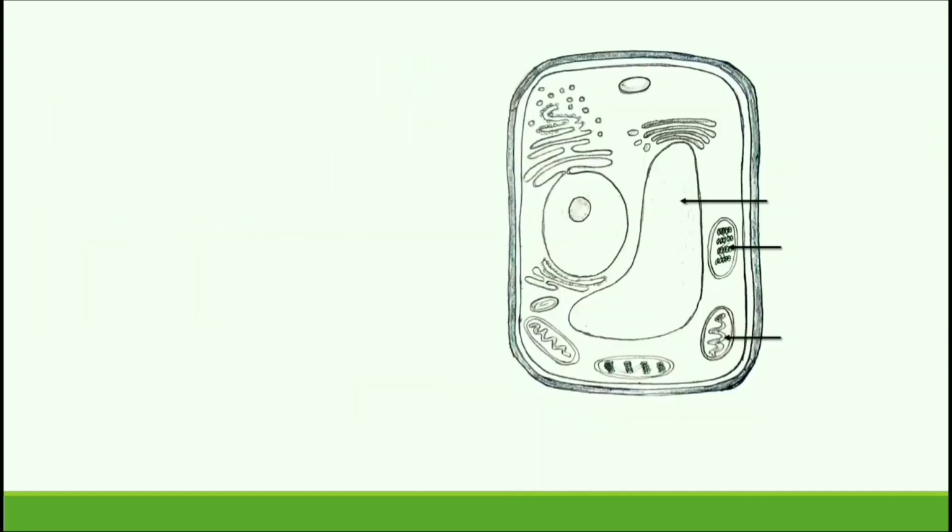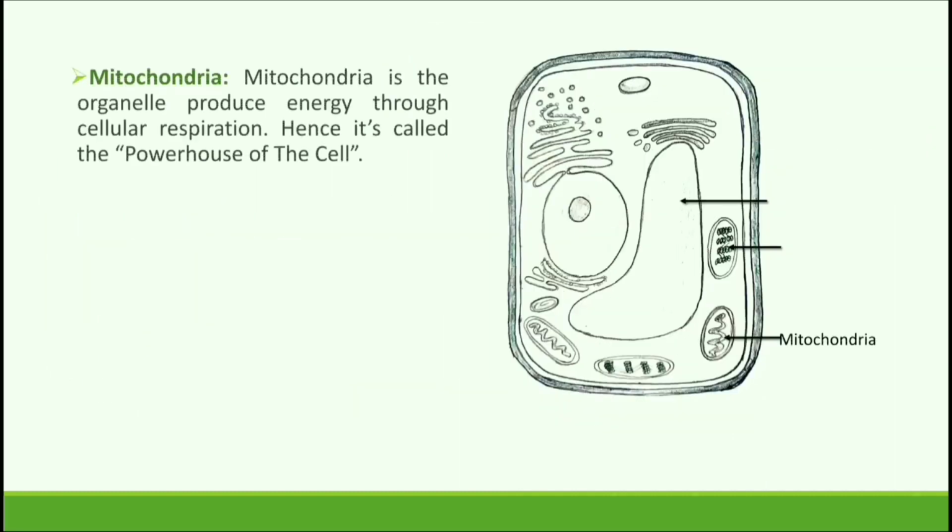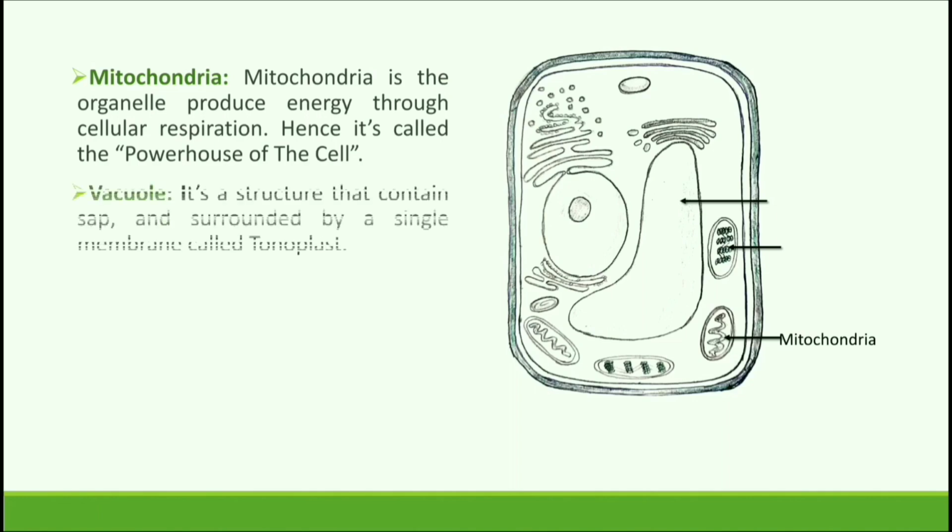Next, you can see mitochondria. This is an important organelle of the cell. Mitochondria produce energy in the plant cell through cellular respiration. That's why it's called the powerhouse of the cell. Next, vacuole. It's a structure that contains sap.